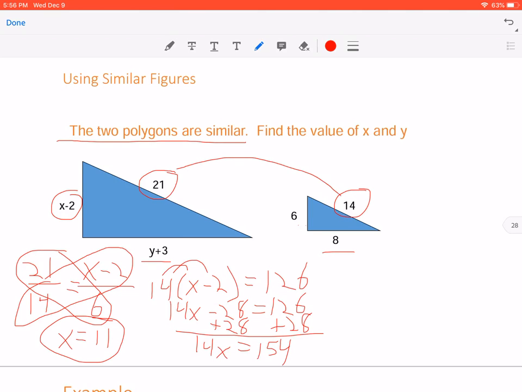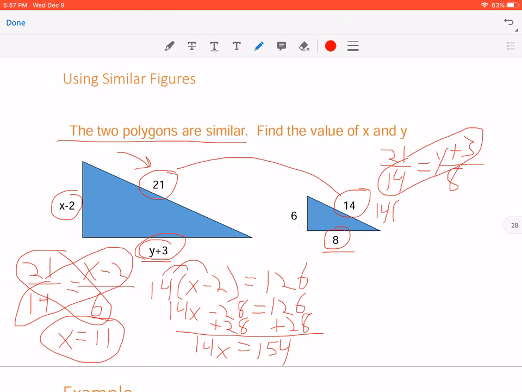That one worked. So 21 over 14 equals, and again, if you put 21 on top, that was the big triangle. Make sure you use the big triangle on top of the next one. That's y plus 3. Who's y plus 3's match? 8. Okay, same thing. These two go together. That's distributive property.